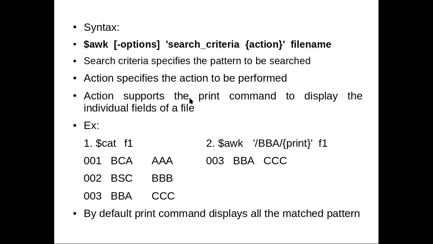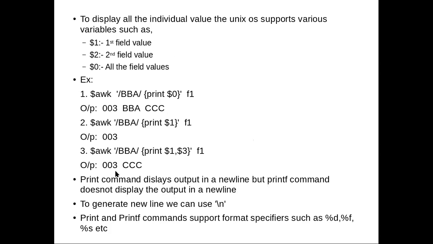So when we looked into the content of the F1, only the third record, 3 BBA CCC, is containing the pattern BBA. So $0 means it will display all the field values. That means first field, second field, and third field value.